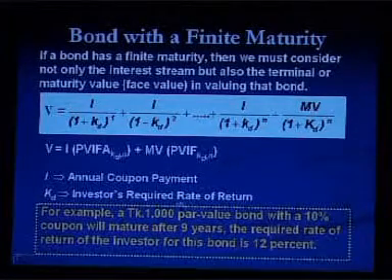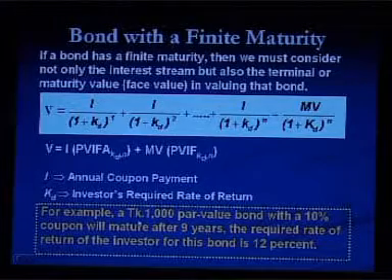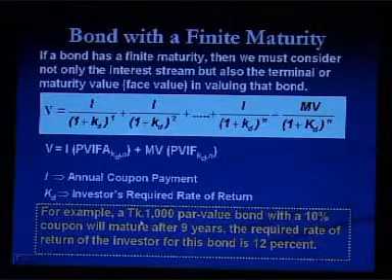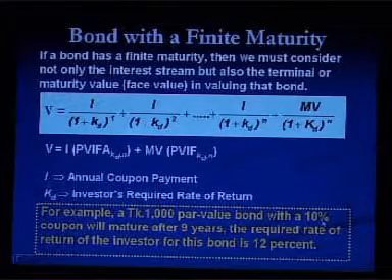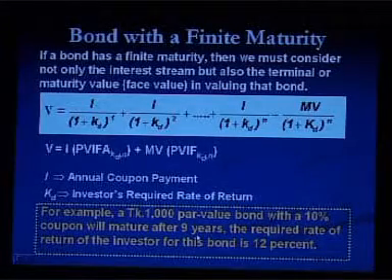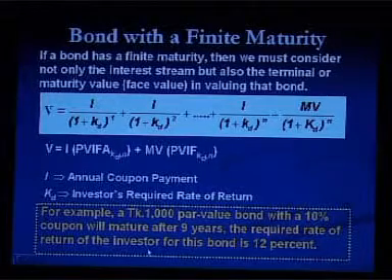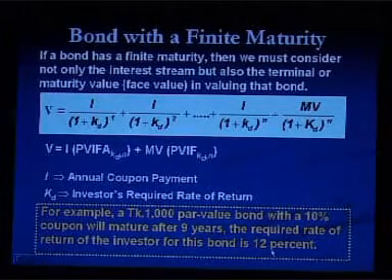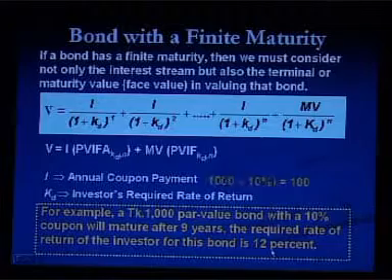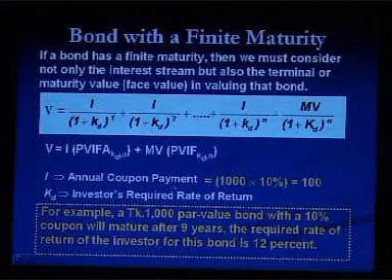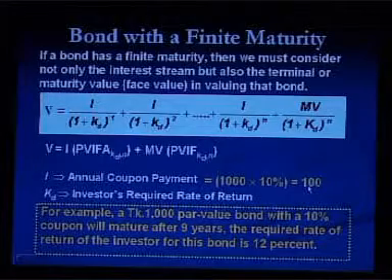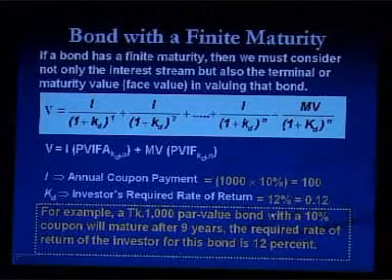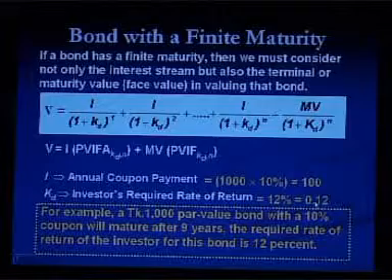Now, for example, if a taka 1000 par value bond with a 10% coupon will mature after 9 years, and the required rate of return of the investor for this bond is 12%, then we can calculate the annual coupon payment, that is the face value and coupon rate, that is taka 100, and the investor's required rate of return is 12%. So, it will be 0.12.